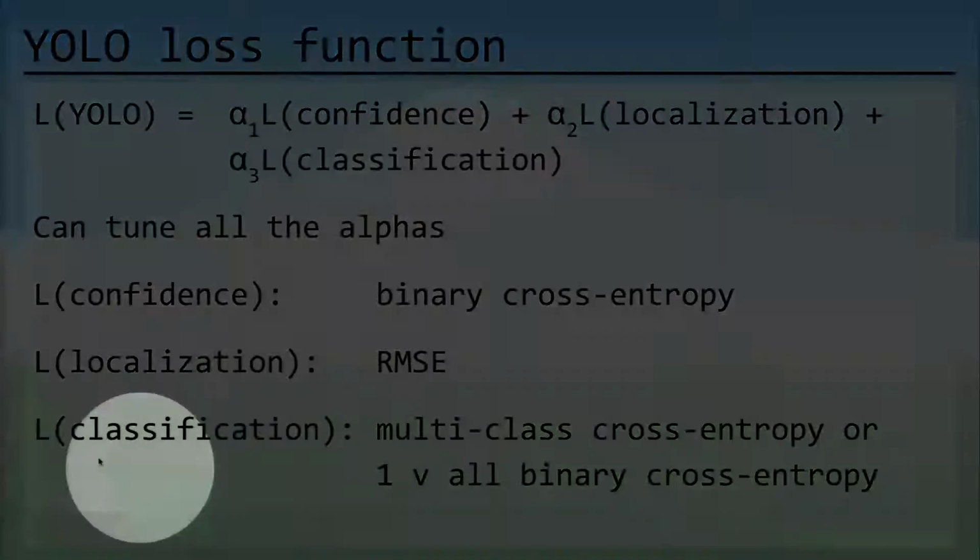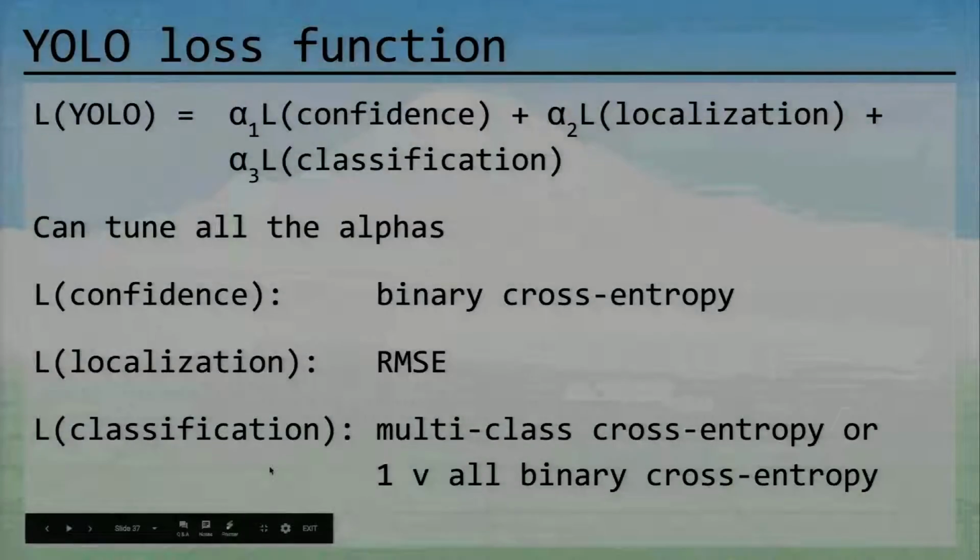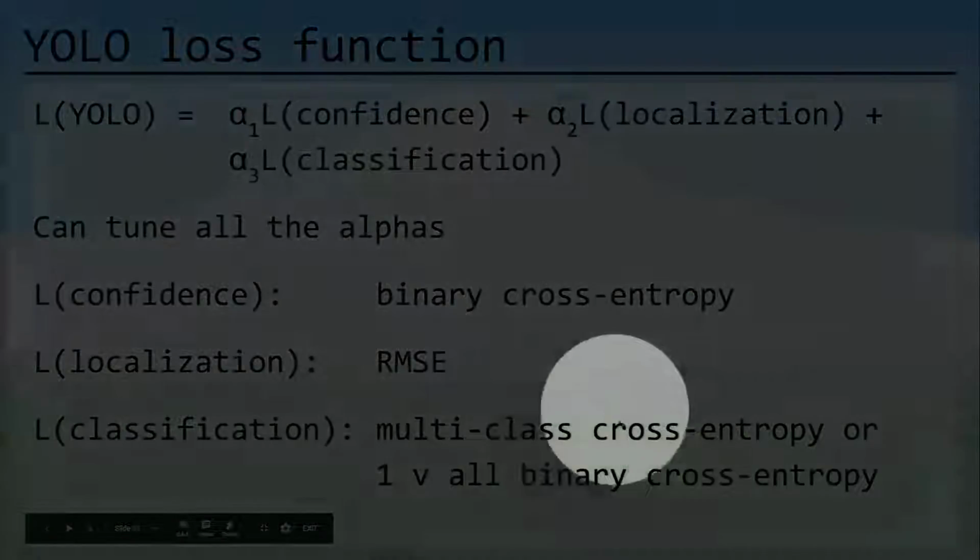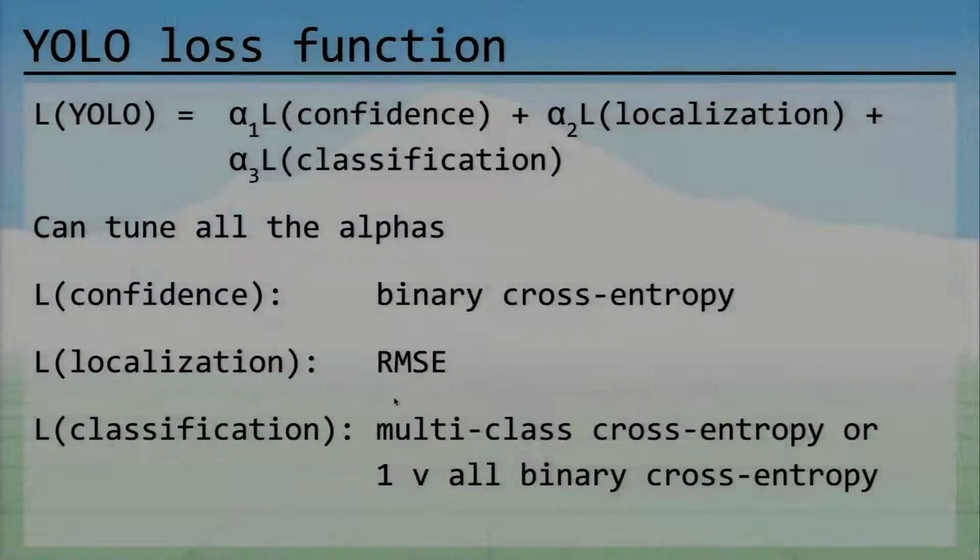And finally, we have this classification problem, and we can do a few different things here. We've talked about in the past doing softmax classification, and that's one option. We can basically do multi-class cross-entropy. We can also frame each class prediction as just a binary decision, or as a logistic regression problem.